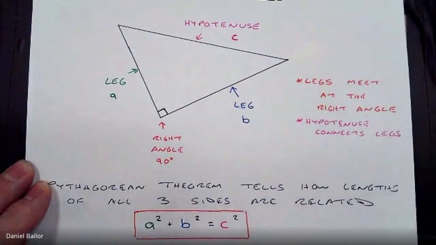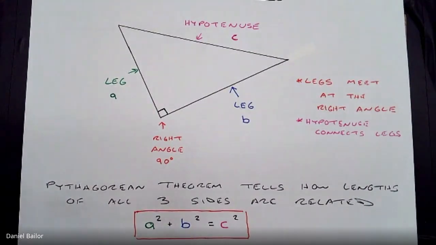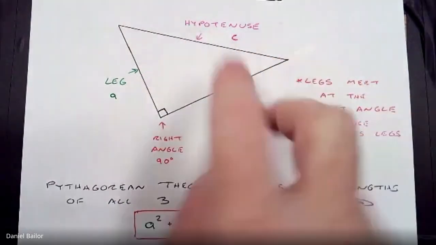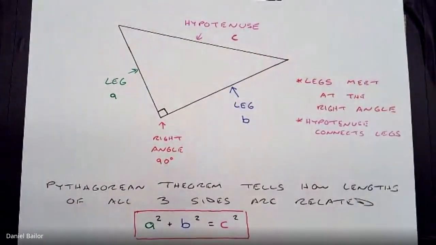The Pythagorean theorem tells us how the sides are all related, how the lengths of the sides are related. So what Pythagoras discovered is that if you know how long two of the sides are, you can find the third one.